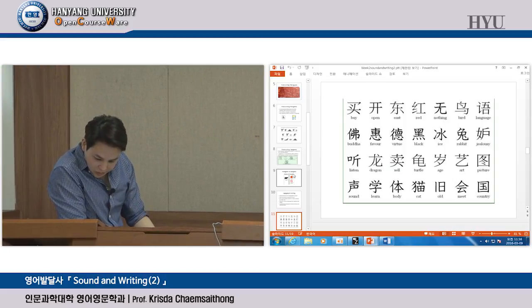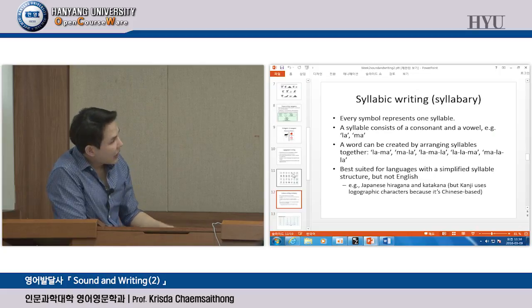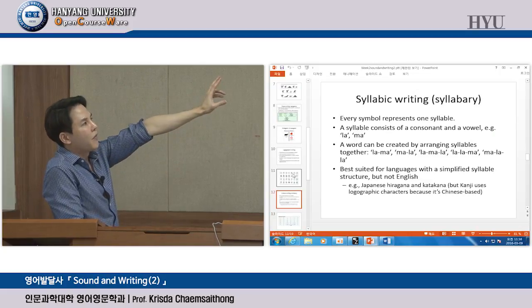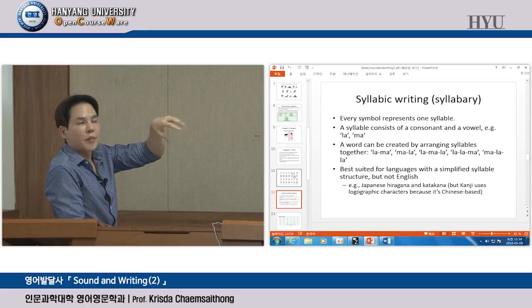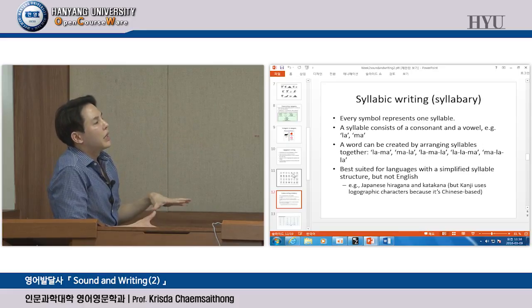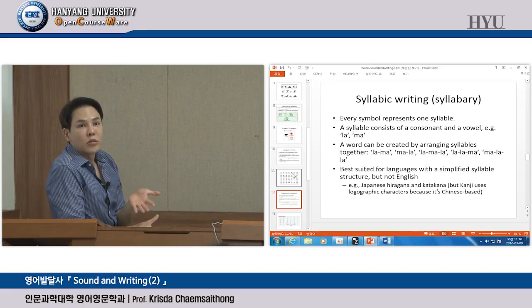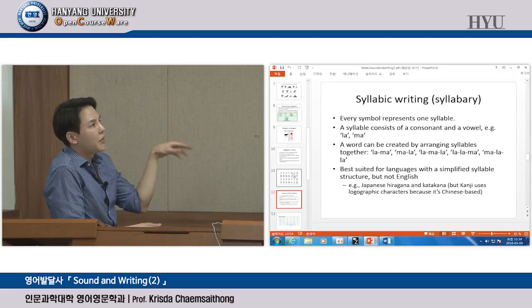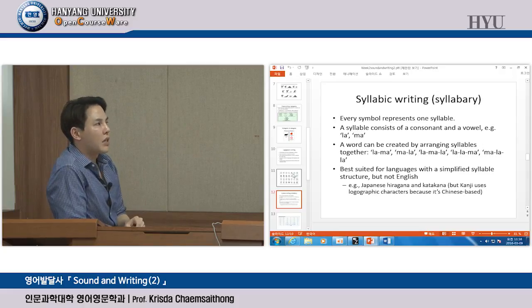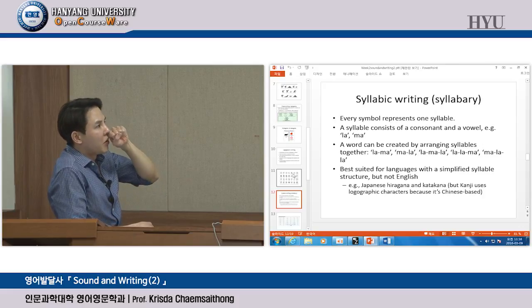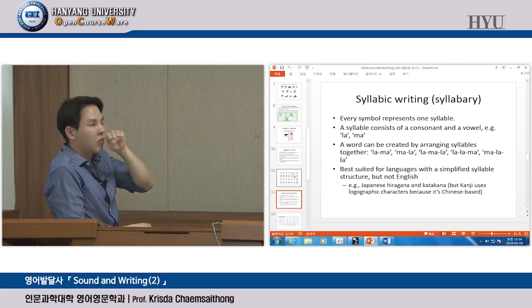Now, let's see. For the next one, here we have what we call the syllabic writing system or syllabary. In this case, it's based on sound rather than word, right? The logographic system is based on word, but the syllabary is based on sound rather than word. So here, every symbol represents one syllable, right?